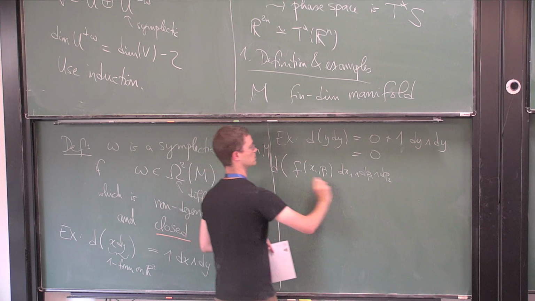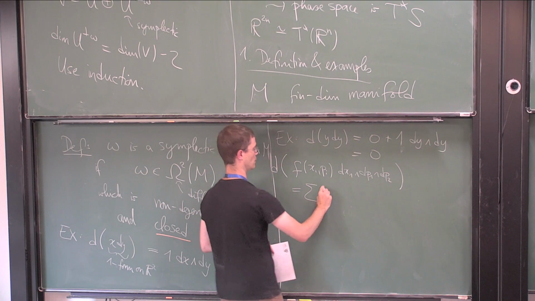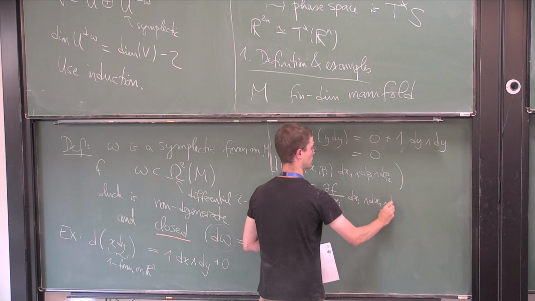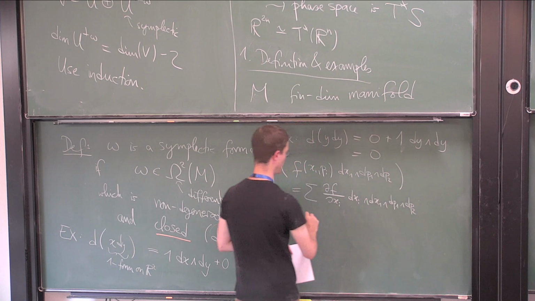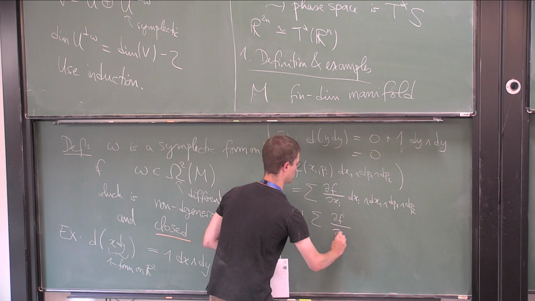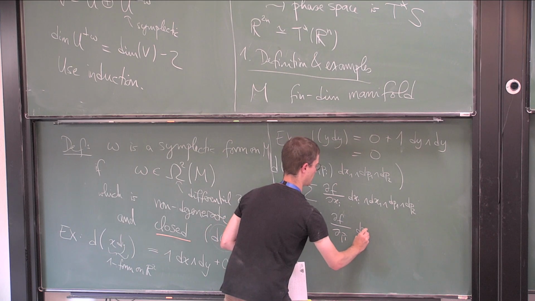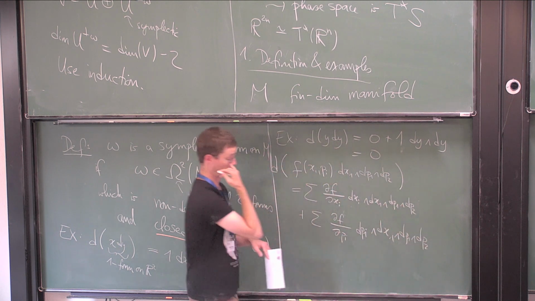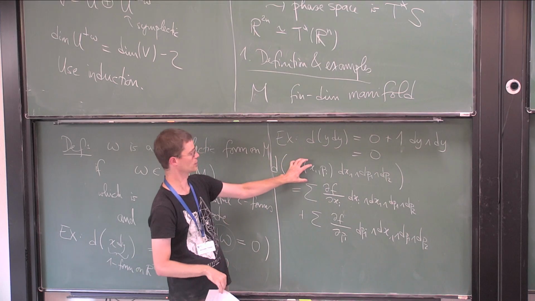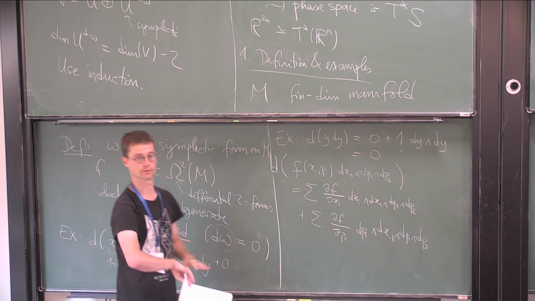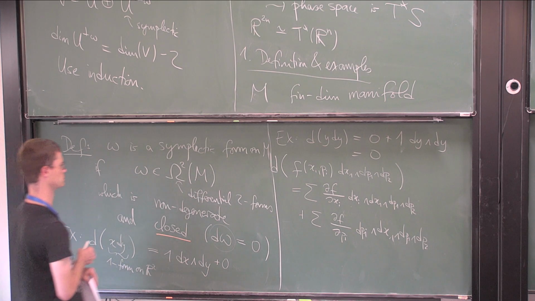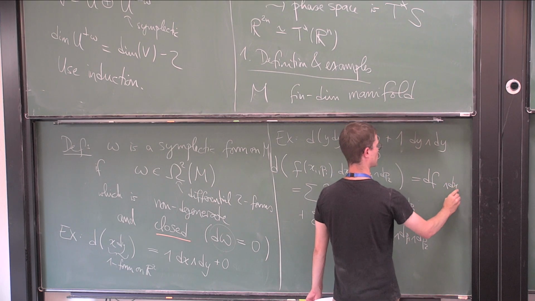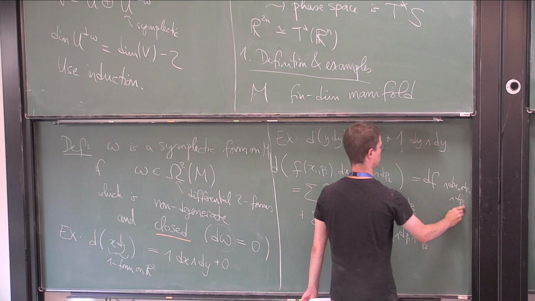The differential of this would be the sum of df/dxi dxi plus the sum of df/dpi dpi, wedged with dx1 and dp2. So you compute the differential of f and you wedge with that. That's maybe even better: df wedge dx wedge dp.